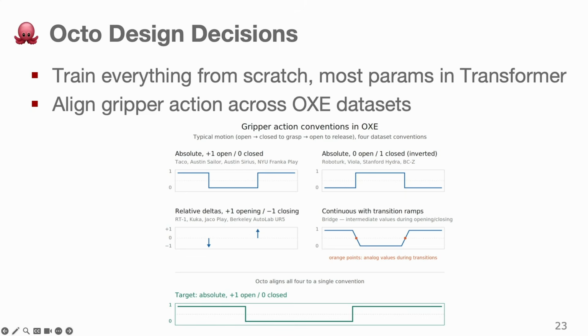So we made sure that the semantics for the gripper were all the same, like 1 for opening and 0 for closing. And here in the figure, you can see some of the different options that different data sets had applied for controlling their end effector gripper action, right? So it could be absolute, relative, continuous, and so forth. And so that's the one thing we tried to align across all data sets.